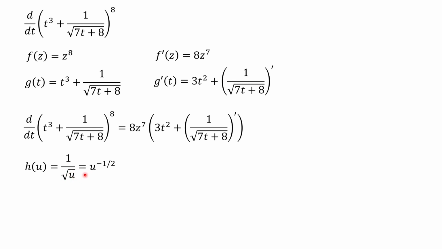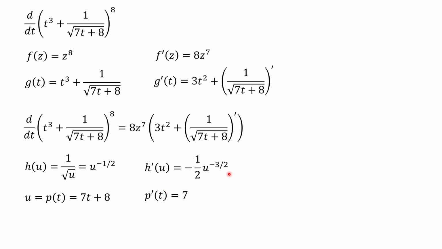Just to remind you, we needed to calculate the derivative. That 1 over square root of u is u to the power of minus 1/2. And u in this case is whatever is inside of the square root, 7t plus 8. In this case, I'm going to call it p of t. Now again, we take derivatives of both of those functions, h and p, with respect to their own arguments.